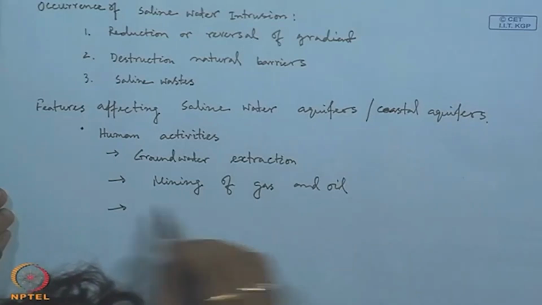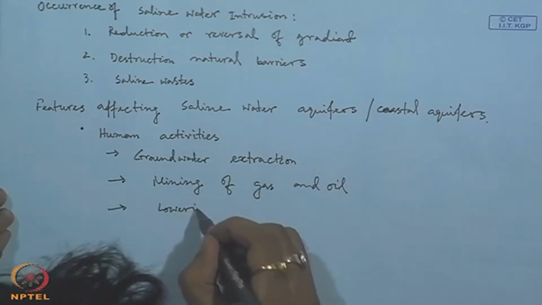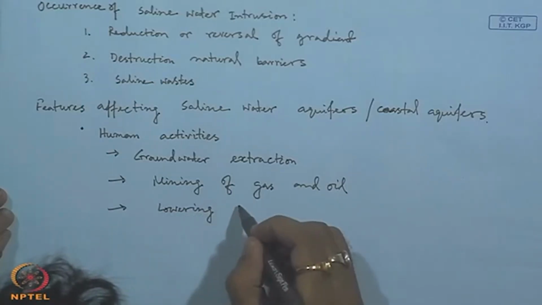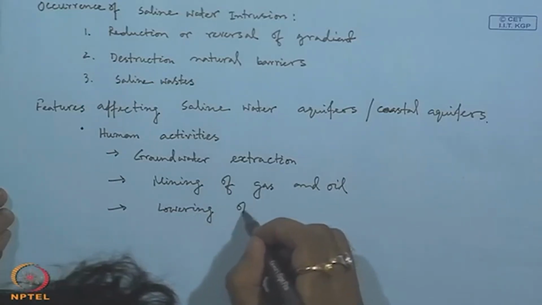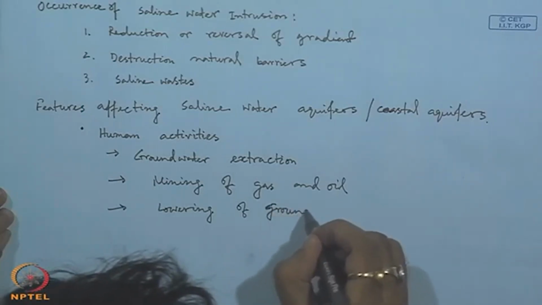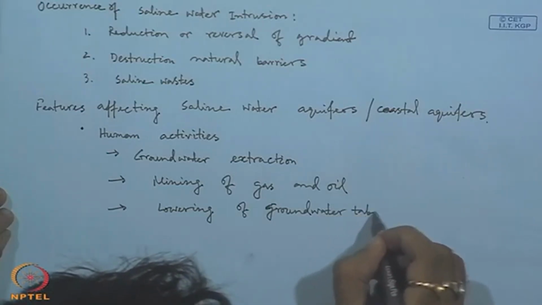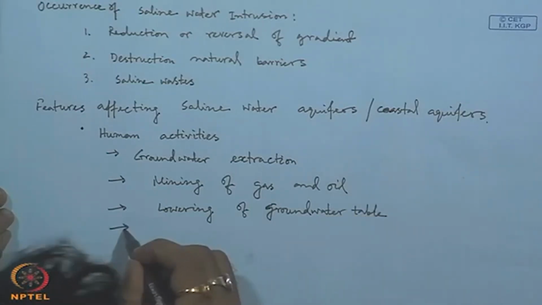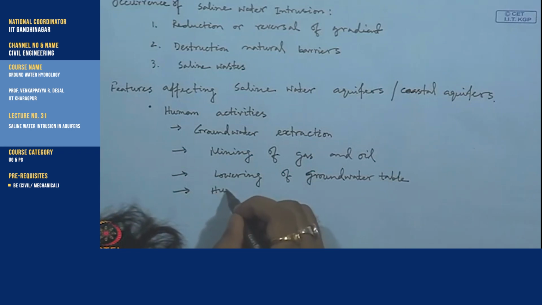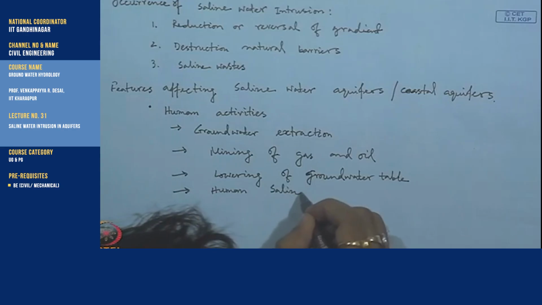Third one is lowering of groundwater table, and fourth one we can say that human saline wastes.